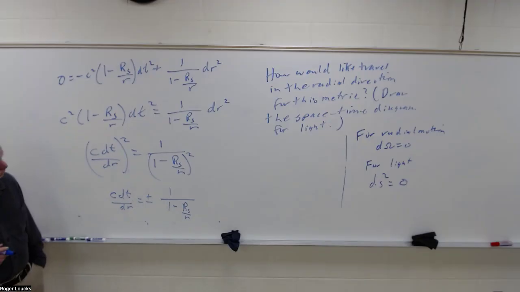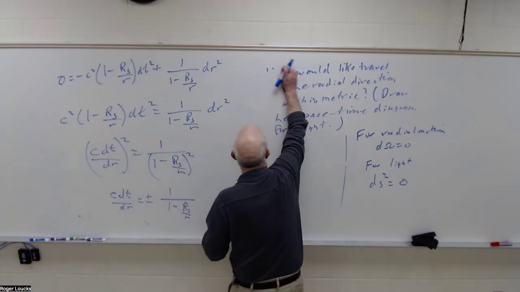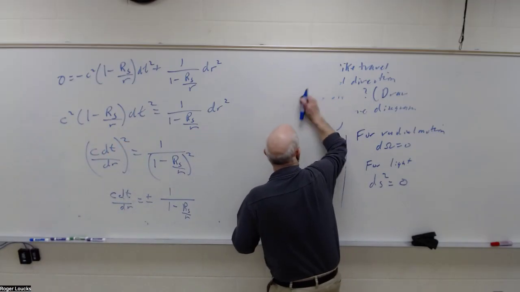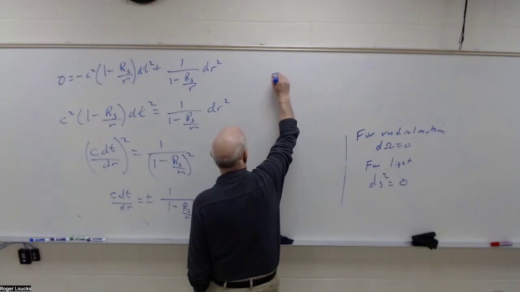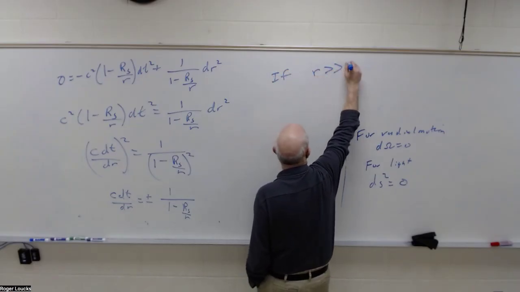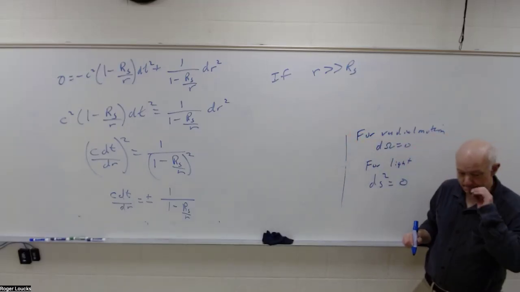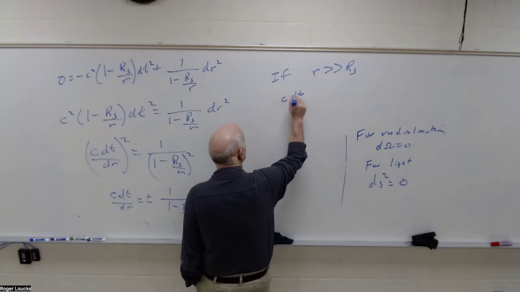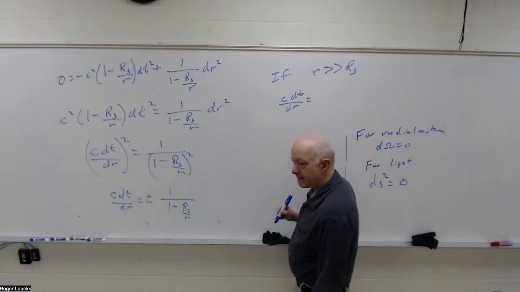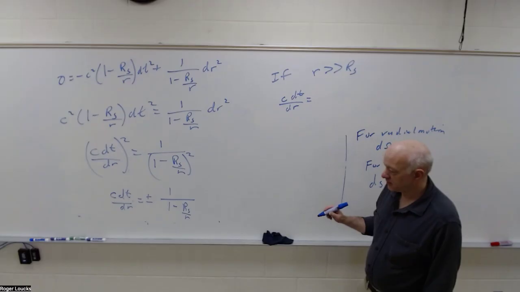Okay. So what happens if r is large? So if r is much greater than r sub s, what do we get? c dt over dr equals what? The 1 minus 0. 1.